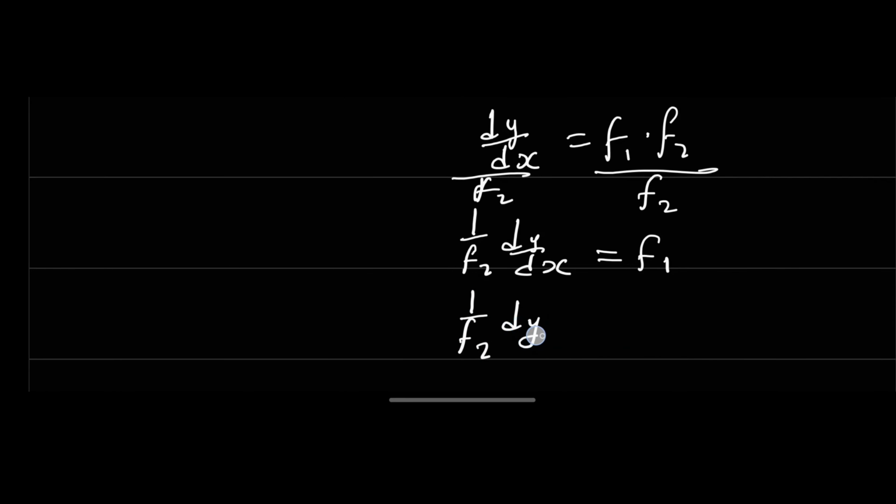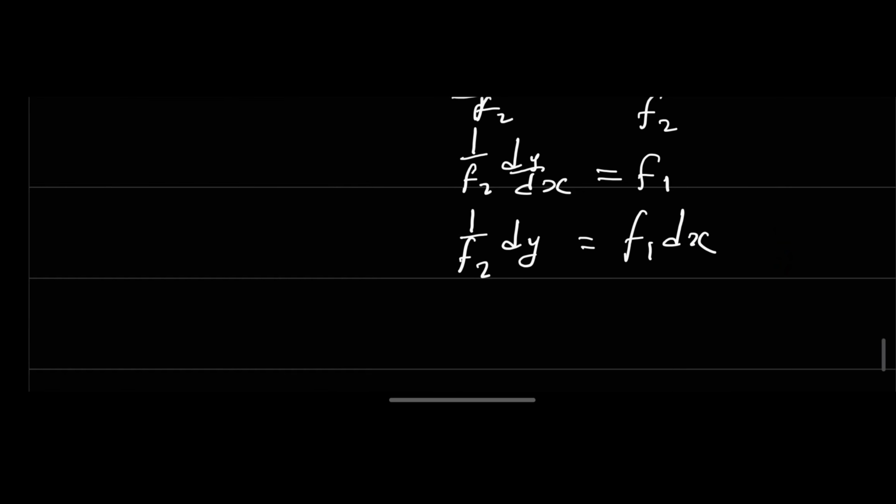Okay, good. Equal to f1 dx. So now the whole goal of separation of variables is that we would end up having functions of the same variable and the derivatives of the same variable on one side.